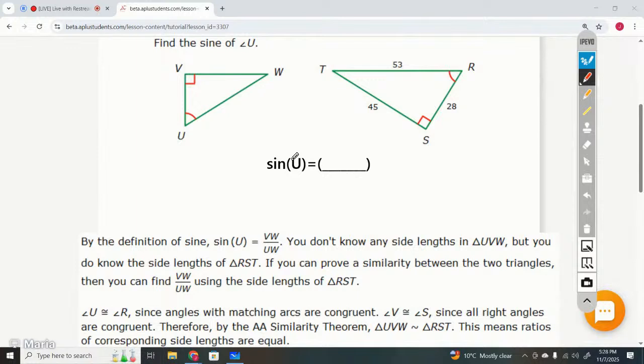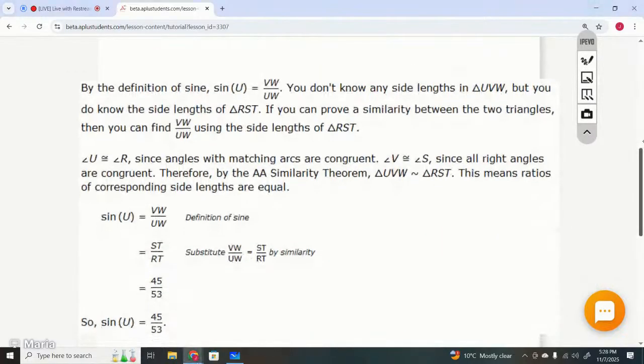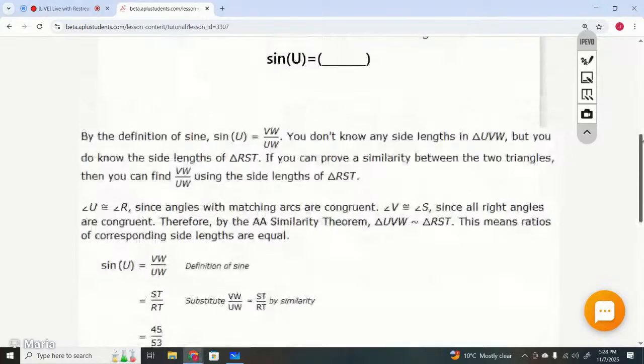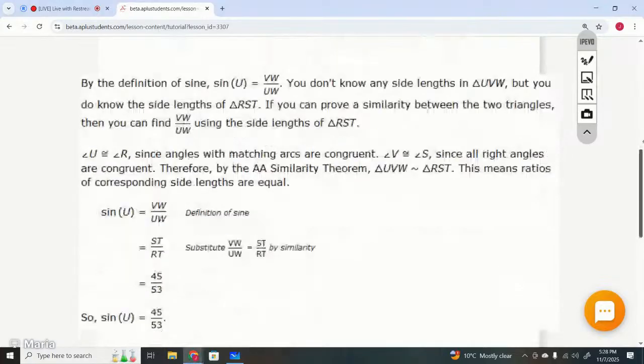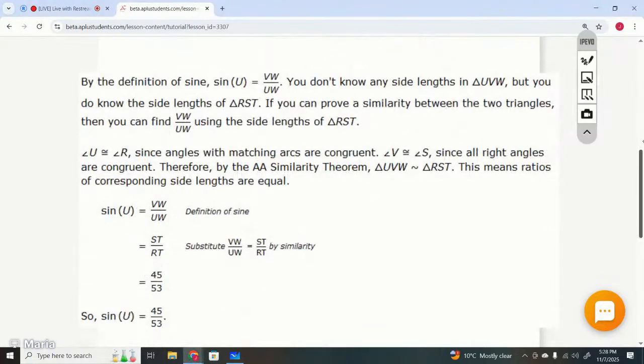We are not given any side length in the triangle UVW, right? So triangle UVW and triangle RST are similar, right? So you have to match the side lengths of both triangles. Sine of U is VW divided by UW, right?